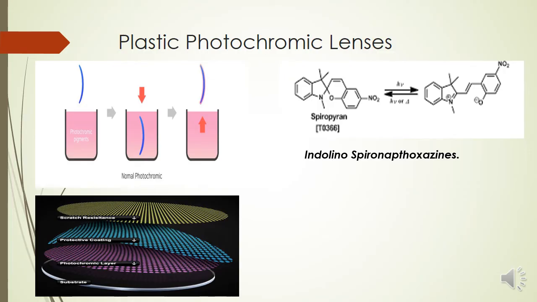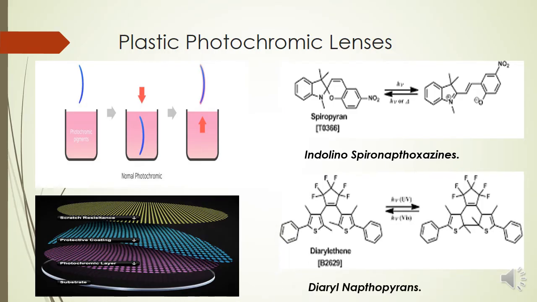So indolino spironaphthoxazine is the common molecule which is used. There is one more molecule commonly used nowadays, called diaryl naphthopyrans. Diaryl naphthopyrans are also used to achieve the photochromic effect. This is also a photochromic pigment which is induced, or rather imbibed, within the lens.